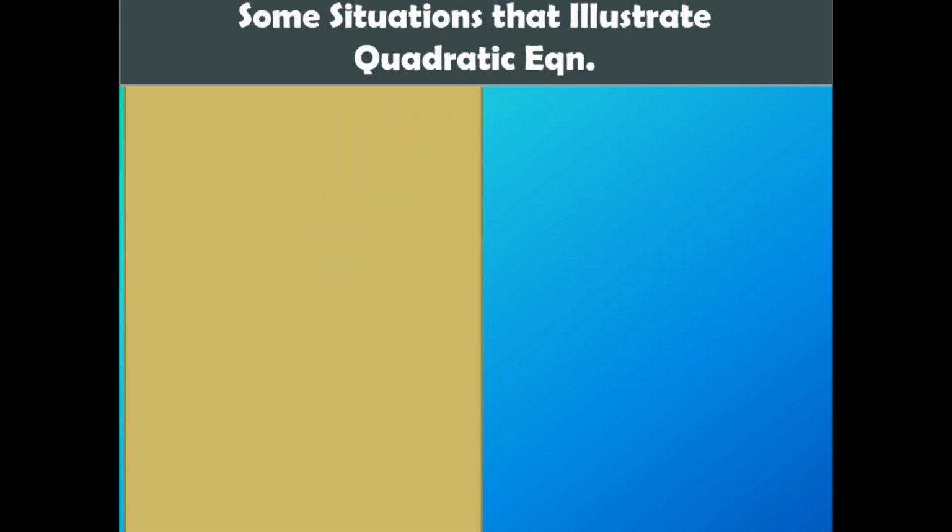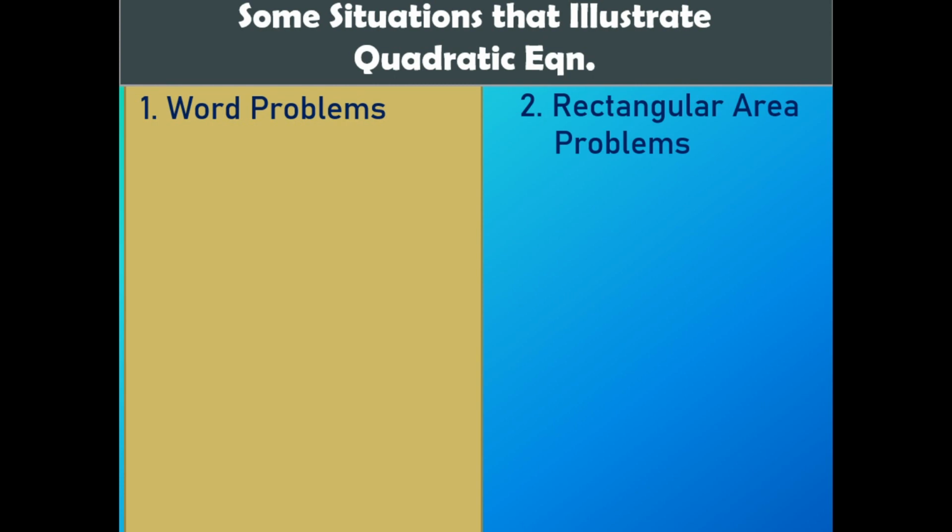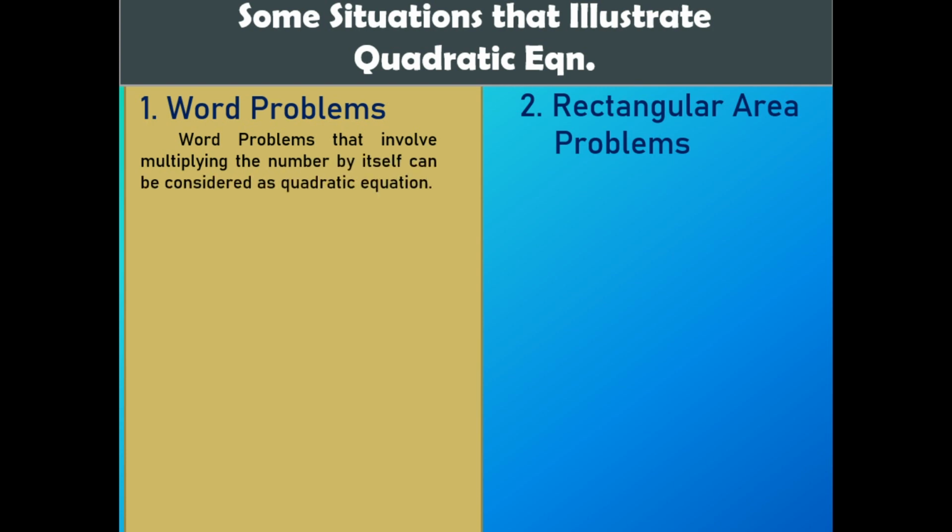Now let us move on. Some situations that illustrate quadratic equations. Number 1, word problems. Number 2, rectangular area problems. Word problems that involve multiplying a number by itself can be considered as quadratic equations. For example, 3 times the square of a number added by the number is 14. Say for example that number is x.